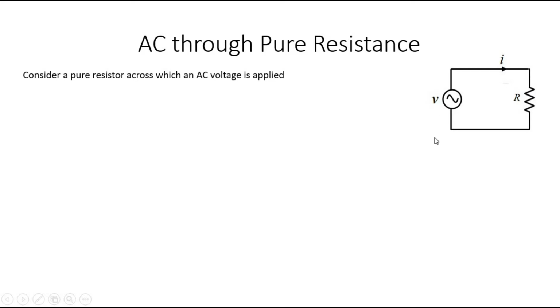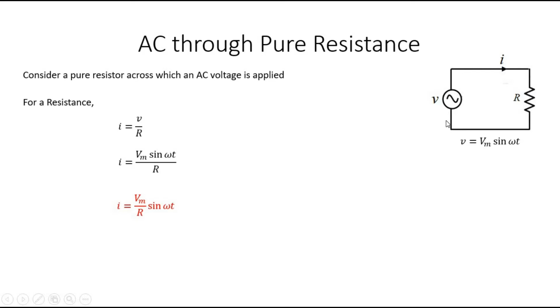V is a pure AC voltage, V equal to Vm sin omega t, a sine wave with maximum value Vm. So for a resistive circuit we have I equal to V by R. So here V is Vm sin omega t, so it becomes Vm sin omega t by R, and I equal to Vm by R sin omega t.